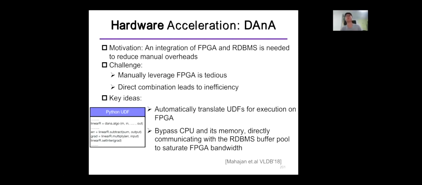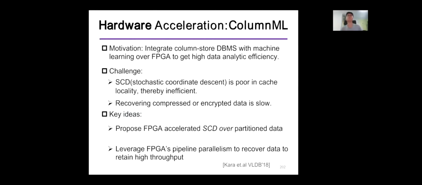Also, directly combining the FPGA and DBMS leads to inefficiency because of the limitation of the bandwidth. To address these, the key ideas are, first, to automatically translate the UDF for execution on FPGA. We can use a Python package to encapsulate the FPGA code. And to address the second challenge, they bypass the GPU and its memory, directly communicating with the RDBMS buffer pool to saturate the FPGA bandwidth.